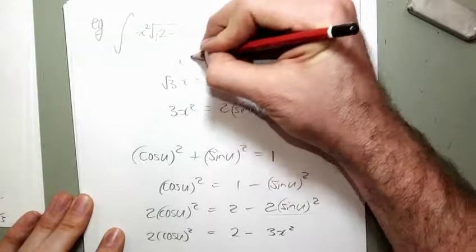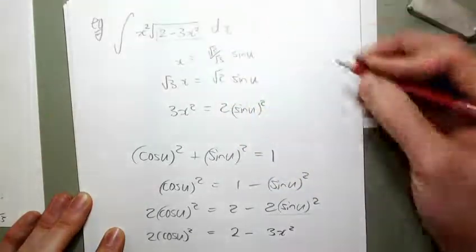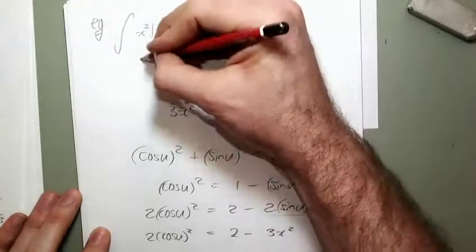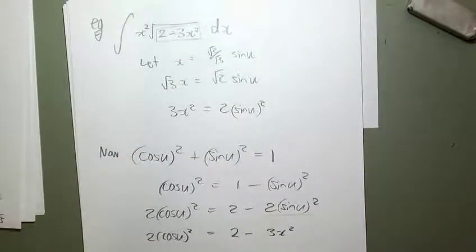And so that means that x is root 2 on root 3 sine u. So, now it looks like I just magically came up with it off the top of my head. So let x be equal to root 2 on root 3 sine u, and then root 3x is root 2 sine u, and therefore 3x squared is 2 sine u squared.